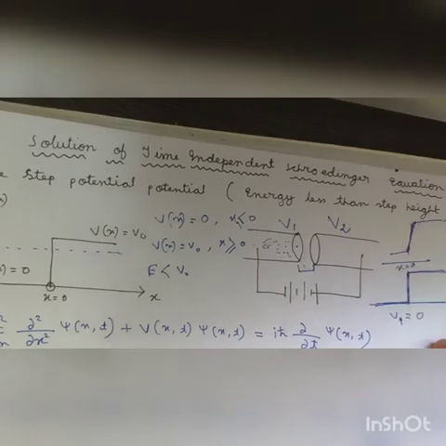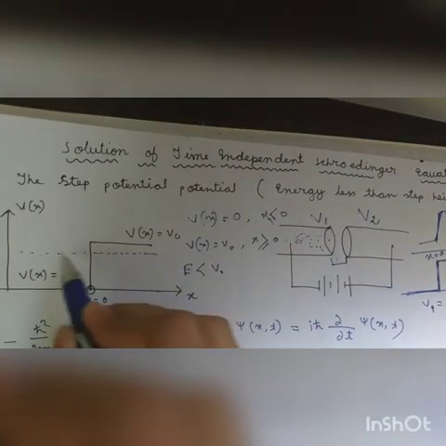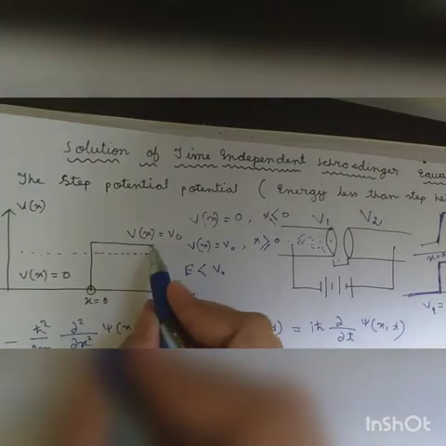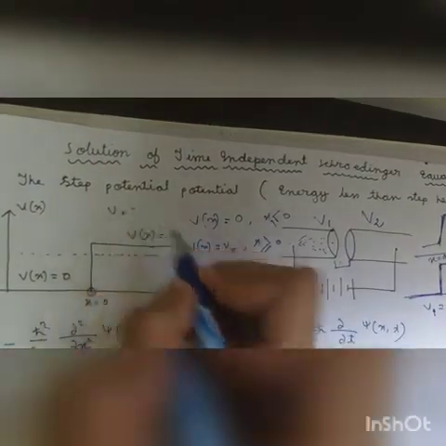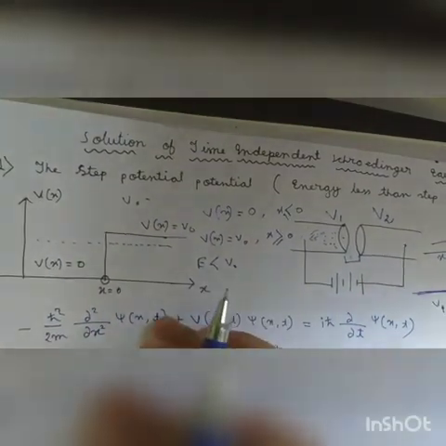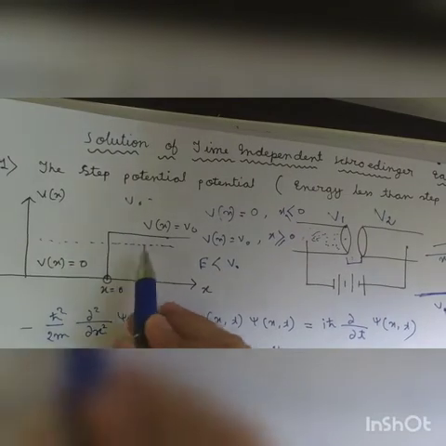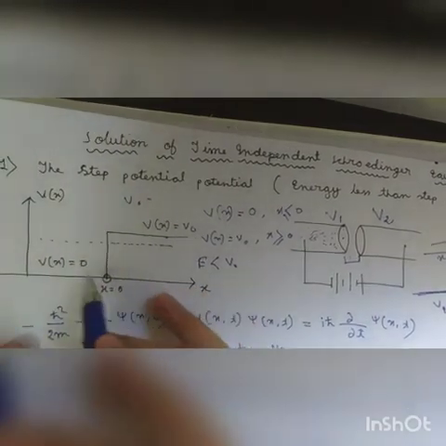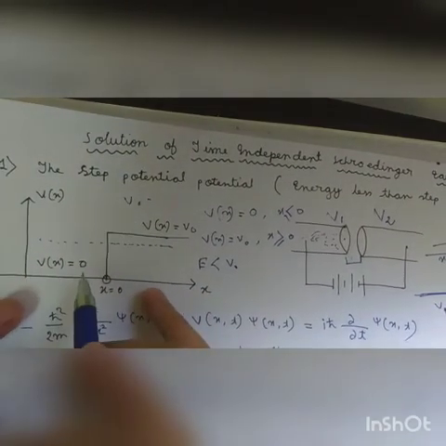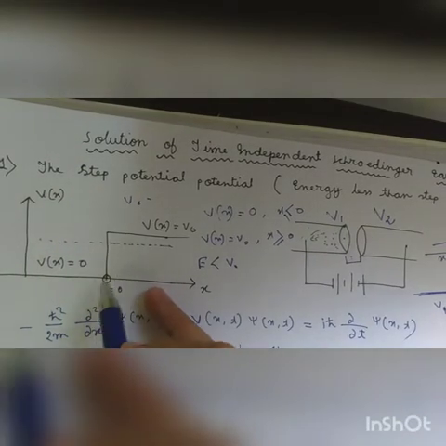And one more thing: why are we considering the time-independent Schrodinger equation at all for this case? The reason is that V(x) equals V0 is constant for all time. So at all t the potential will be V0, and for the other region the potential will be 0 for all t. So we can go for the time-independent Schrodinger equation.